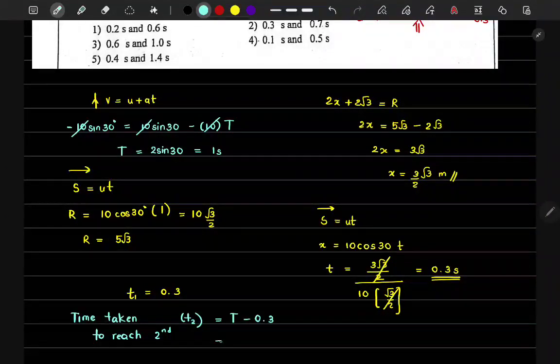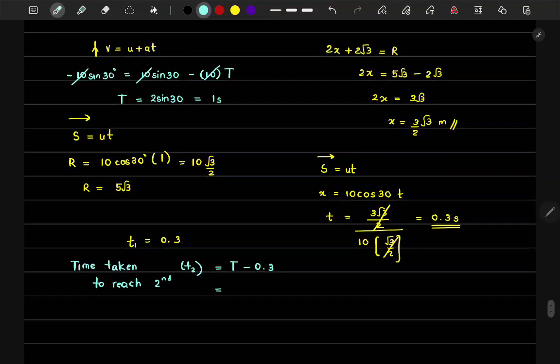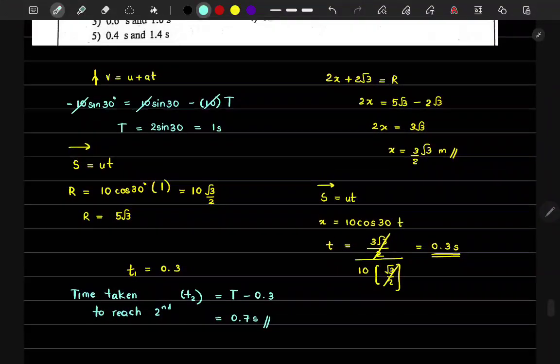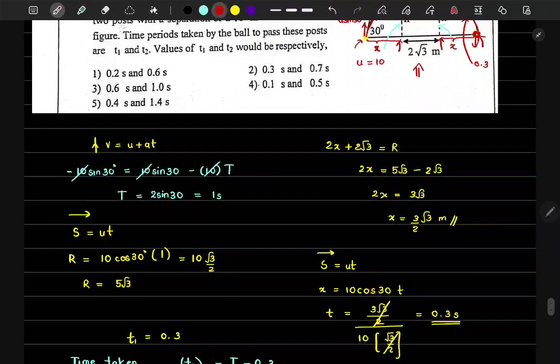That is the total flight time minus the time it took to go to the destination from the second post. So it's 0.7 seconds. So the answer here is 0.3 seconds and 0.7 seconds.